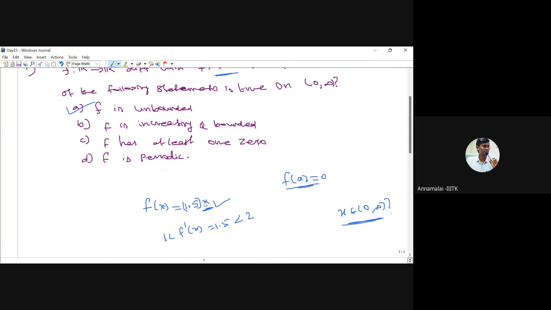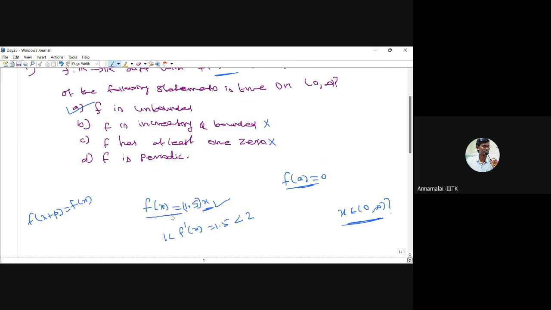Even though this function is increasing, it is not bounded. Therefore the second option is false. It actually has exactly one root, not at least one root. Again, this function is not periodic. Periodic means f of x plus p equals f of x, and then p is the period.